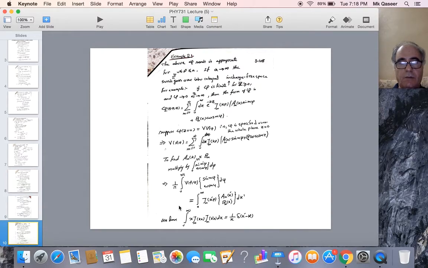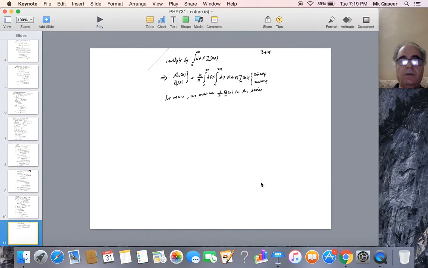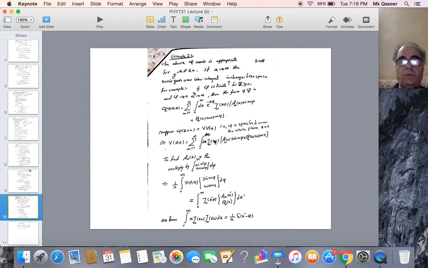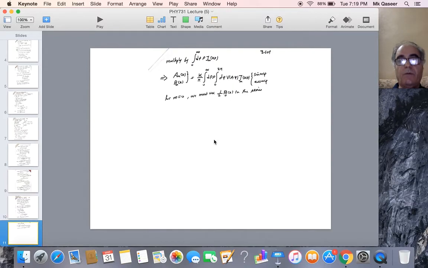Notice that the orthonormality for the Bessel function now becomes, from 0 to infinity, x J_m of kx J_m of k prime x dx equal 1 over k Dirac delta function of k prime minus k. So once you perform these integrals, we get A sub m of k and B_m is this expression.